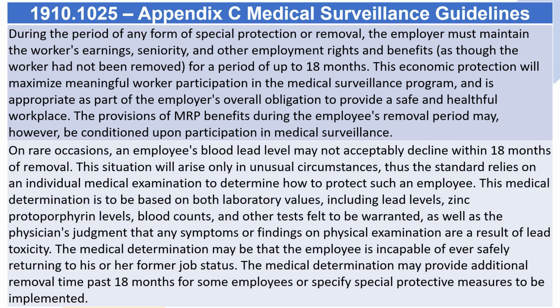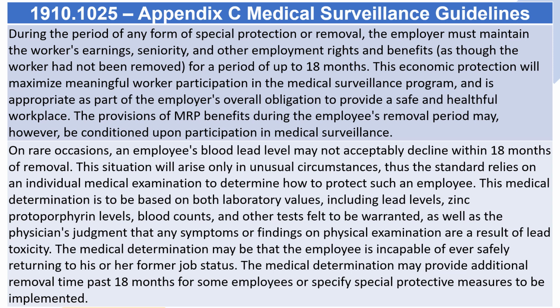This economic protection will maximize meaningful worker participation in the medical surveillance program and is appropriate as part of the employer's overall obligation to provide a safe and healthful workplace. The provisions of MRP benefits during the employee's removal period may, however, be conditioned upon participation in medical surveillance.